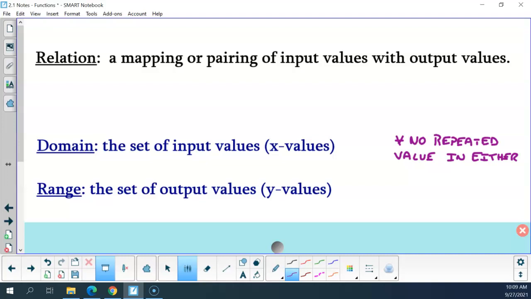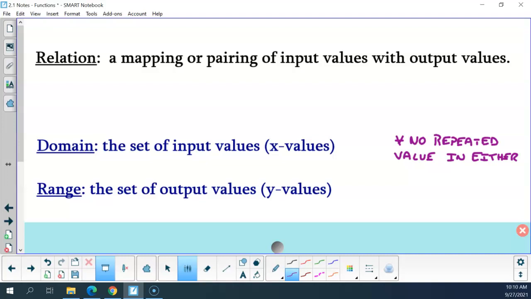So we wouldn't write down, like if there were 2 inputs of 7, we would only write that in our list once. Or if there are 3 outputs of -4, we would only write that once. We don't repeat any values in either one of those lists.